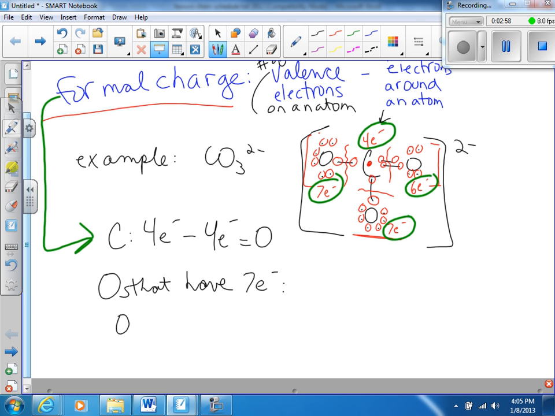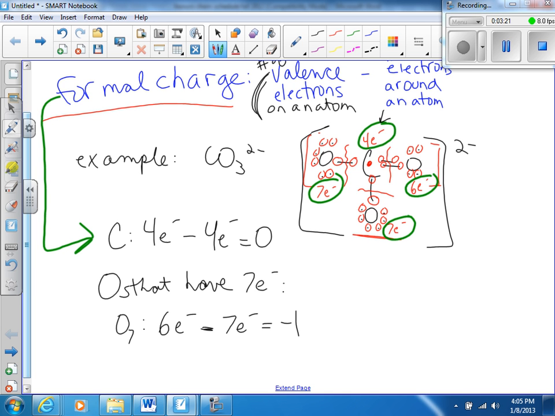We'll call them O sub 7 for 7 electrons. Oxygen has how many valence electrons? 6 minus, I'm just using the definition of formal charge, 6 minus the 7 electrons assigned to them is -1. So those oxygens have a formal charge of -1.